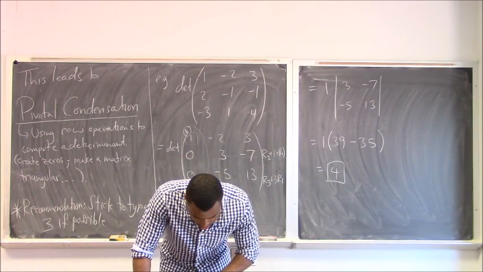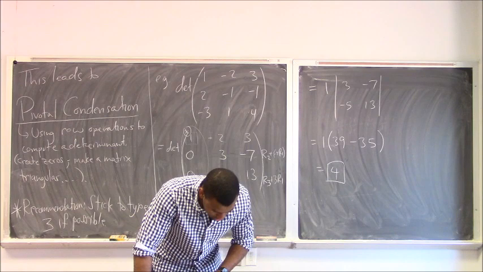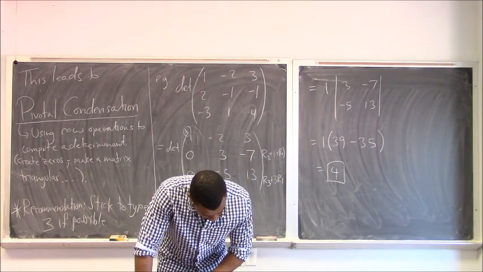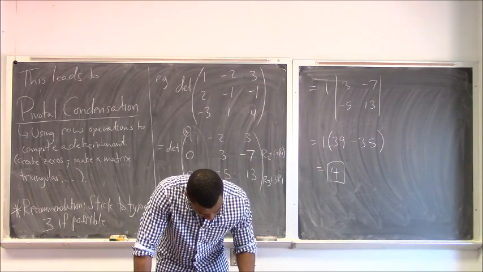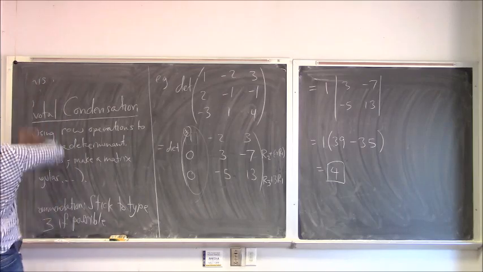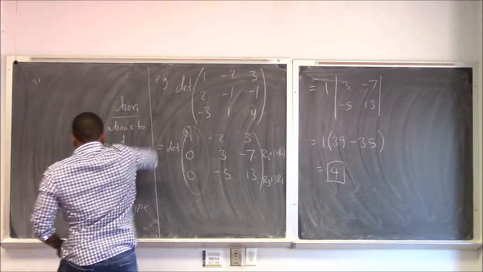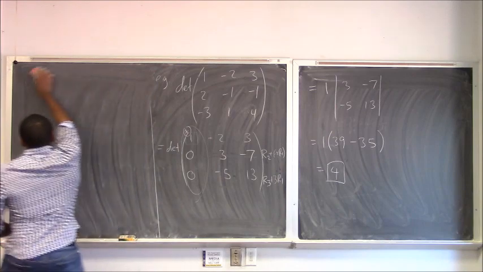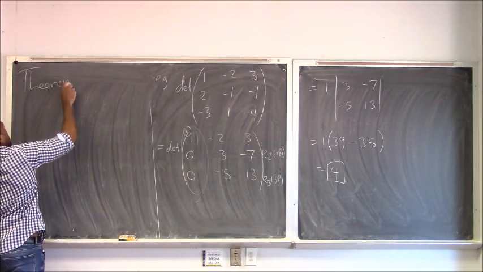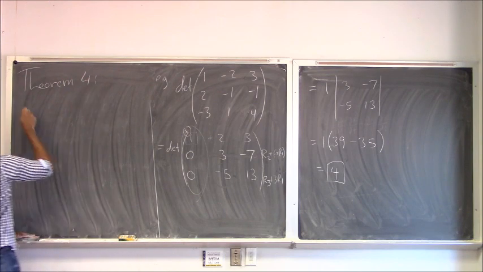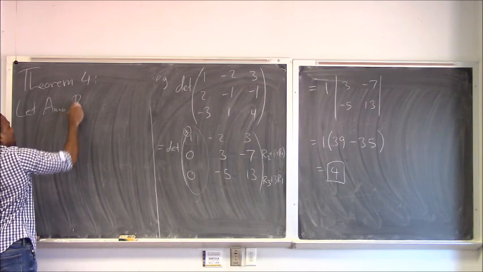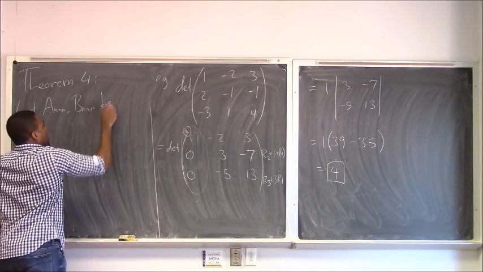Some other determinant facts. Theorem, I believe we're on 4, that A and B are n by n matrices.